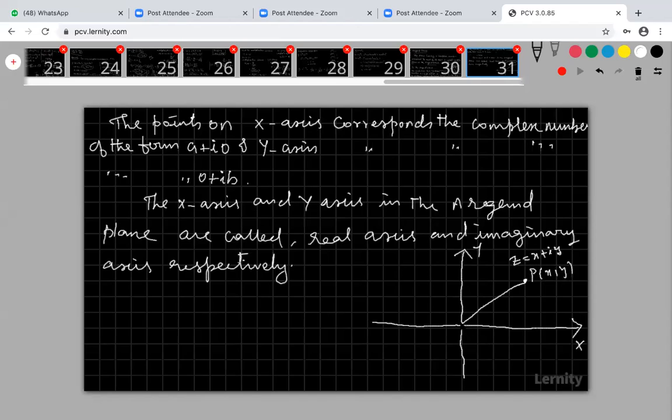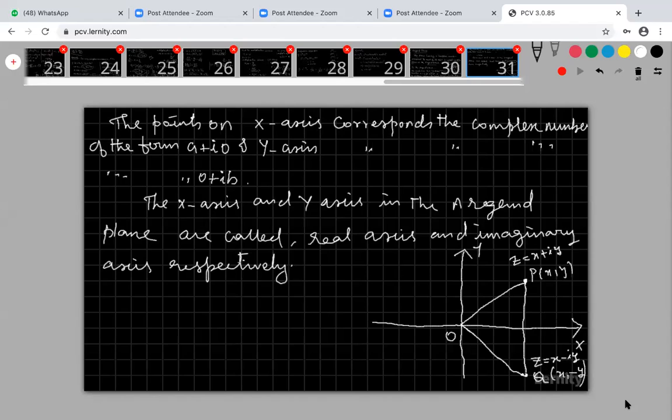Therefore, this point is Q, x comma minus y. Look at that, here the x coordinate is the same, but the y coordinate is negative. This point is called my conjugate. This is my origin. Now the conjugate of P is my Q. Here the conjugate is x minus iy. The x coordinate is the same, only the y coordinate is plus y here and minus y there. This is nothing but the mirror image.